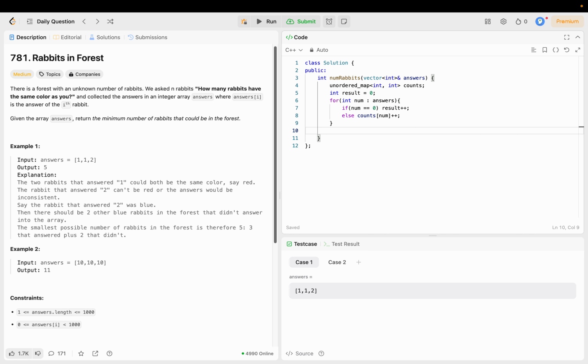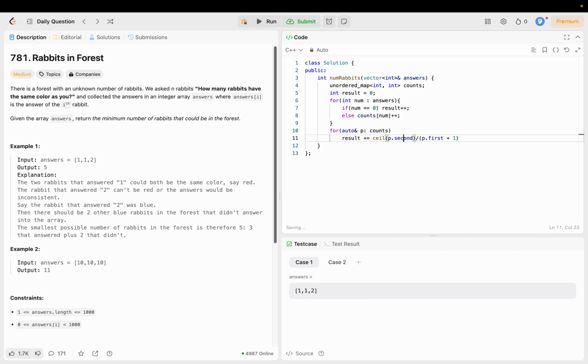And now we will see all the key value pairs. So result, we add to the result ceiling of count of a key. So second is key, yes, second is count, and we divide by its key, which is the answer that the rabbit gave, and plus one.